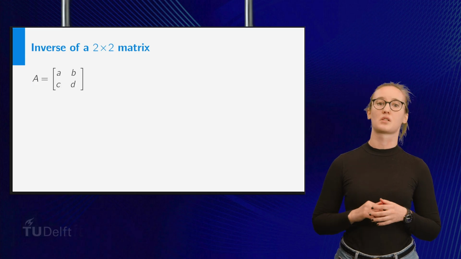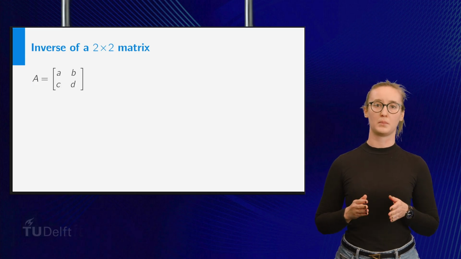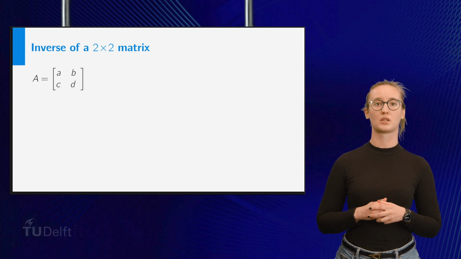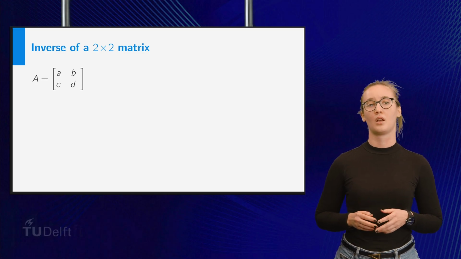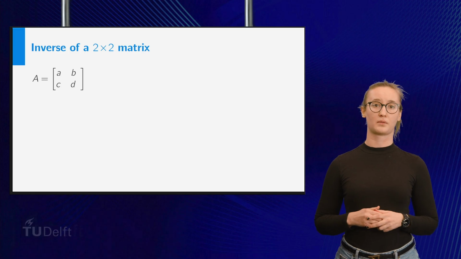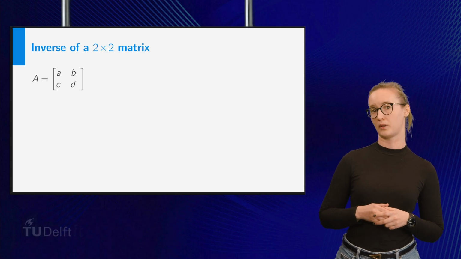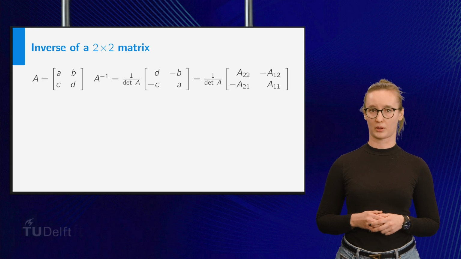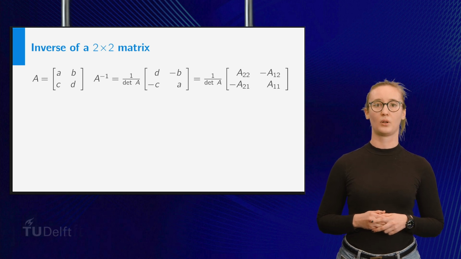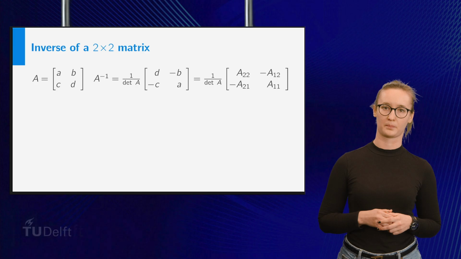Still, the question remains, why elements a, b, c, and d in the inverse take their particular places with particular minus signs? Turns out that the inverse of matrix A can be calculated as following. This expression is called Cramer's formula and is applicable for all invertible square matrices.